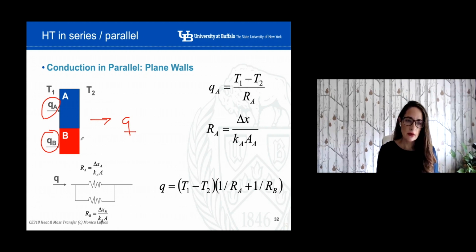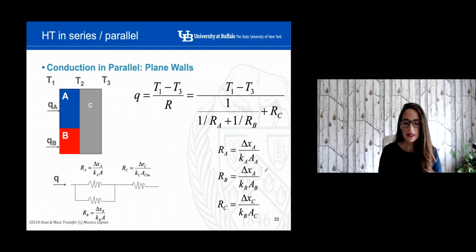So the electrical circuit equivalence is that the total Q will be equal to QA plus QB. And we will have to use the same equations that we use in electrical circuits. When we have two resistances in parallel, we don't sum the thermal resistances directly, but rather their inverses. Okay?